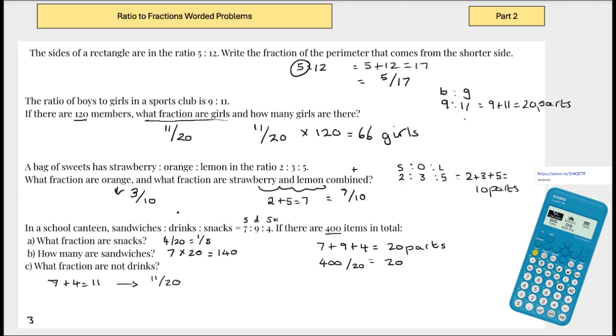So you've got to remember, when you look at this, you've got to read the question. What fraction of snacks? So they want your answer as a fraction. How many are sandwiches? That's not asking you a fraction. That's asking you how many there is, not a fraction. And then at the bottom, what fraction are not drinks? So there's a few different things you need to do in this one.